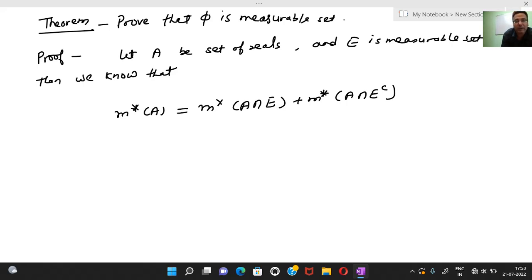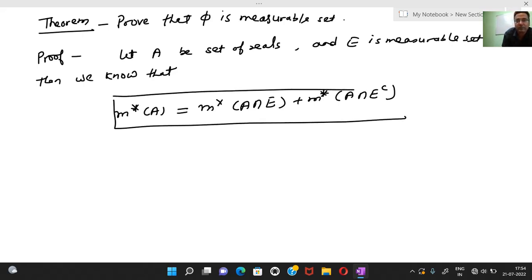Outer measure of A is outer measure of A intersection E plus outer measure of A intersection E complement. This is for a measurable set.